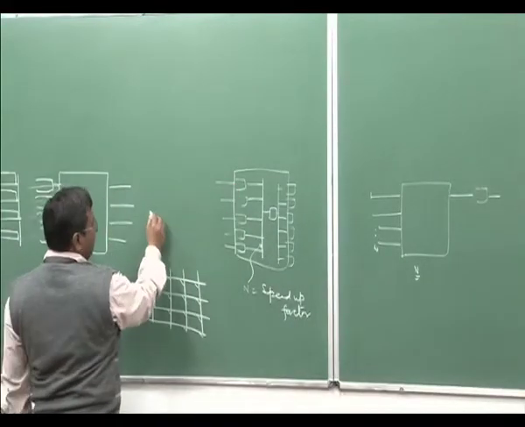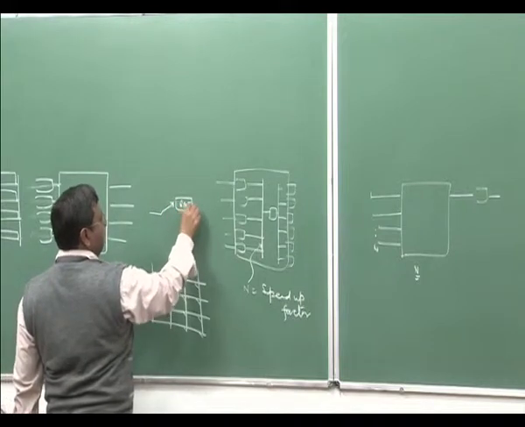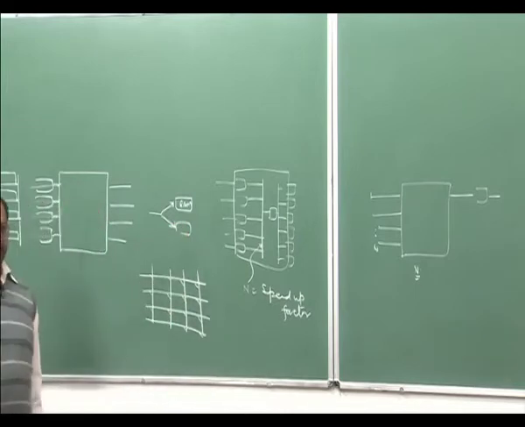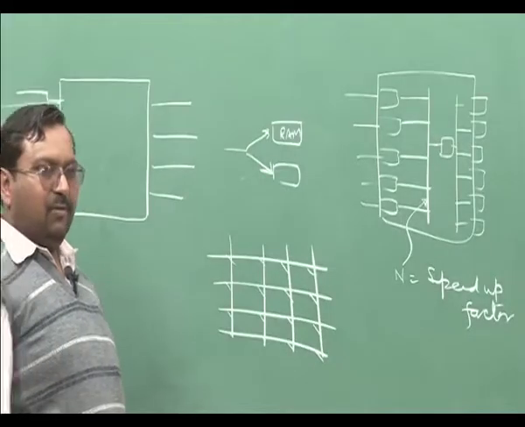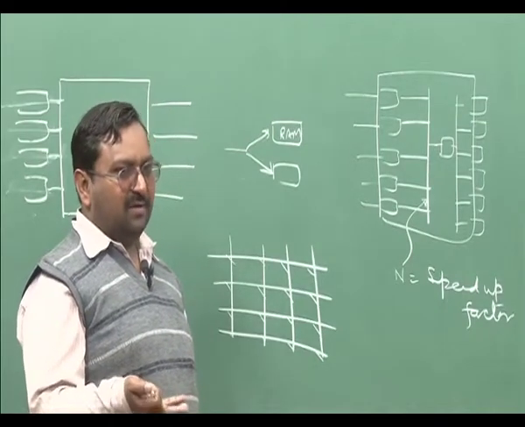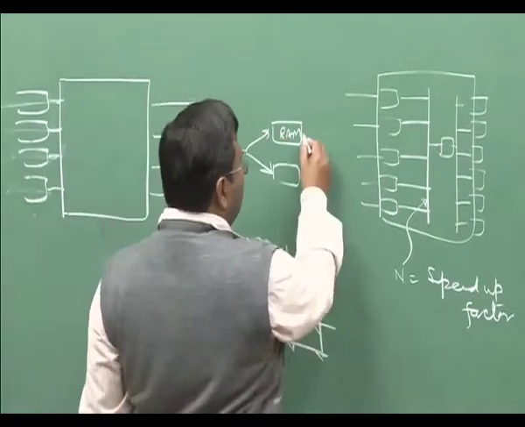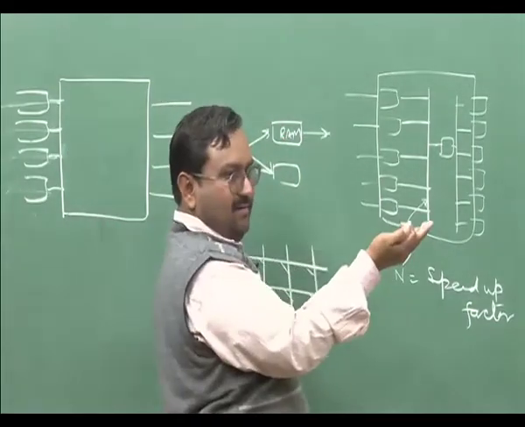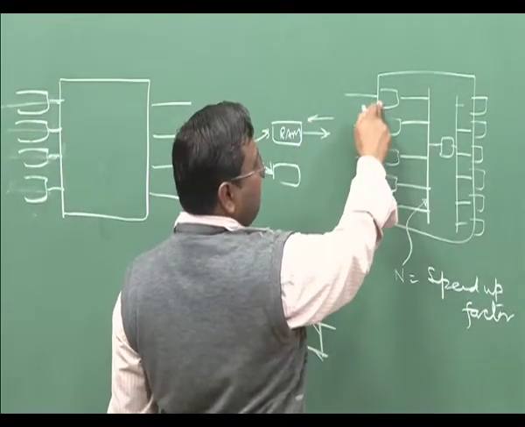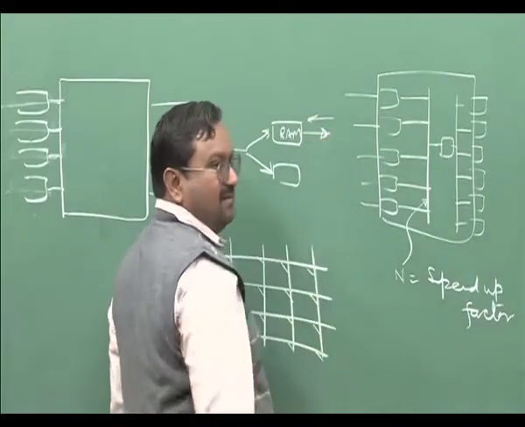You first read into this particular RAM, then in the next slot you write into the other RAM if the packet is coming. You do not require any memory if you have output buffering, only on the input side you will do this, and this packet will be read at a very fast rate. This has to be addressed by the processor and read out at n times faster rate.